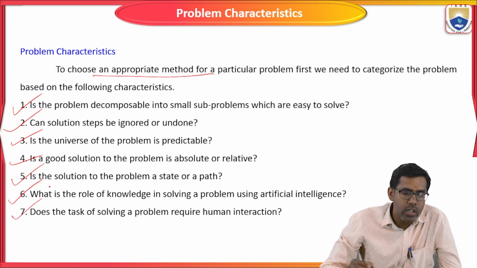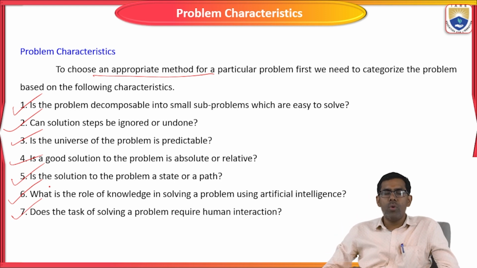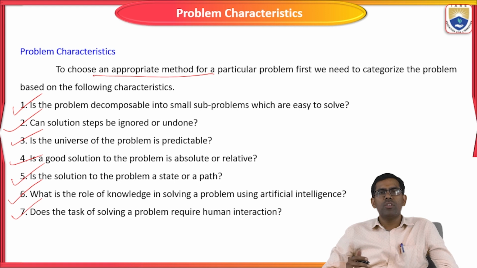What is the last one? Does the task of solving a problem require human interaction? If you give some task to an artificial intelligence machine and it is solved without human interaction, that is a good machine.